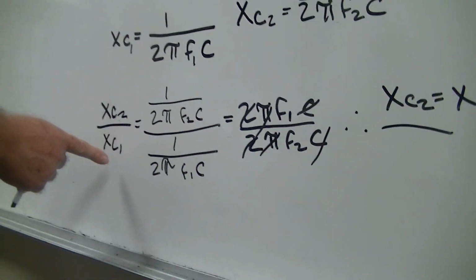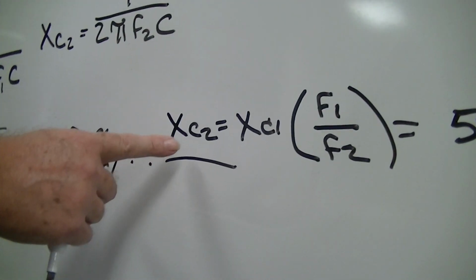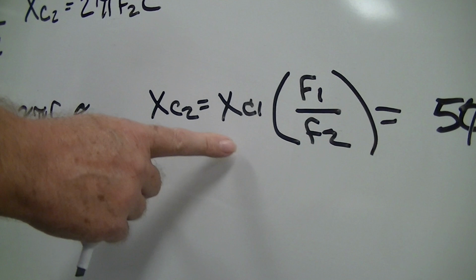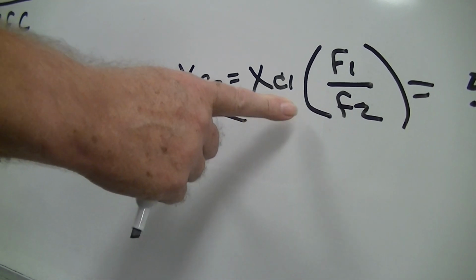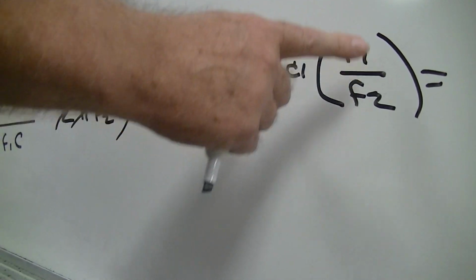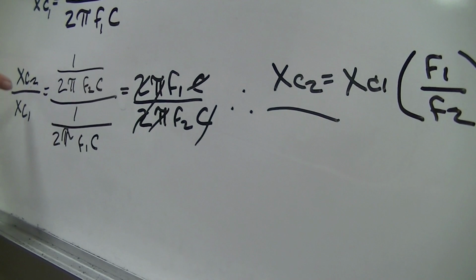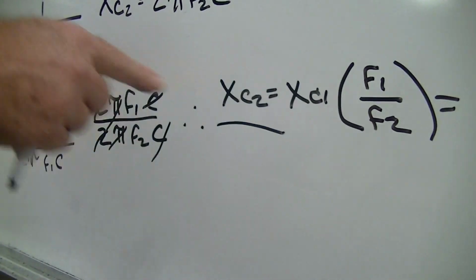And if we manipulate this a little further, we get that X sub C for the second condition is equal to the reactance for the first condition, and again, inversely. So notice over here, it was 2 over 1. Over here, it's 1 over 2. All right?